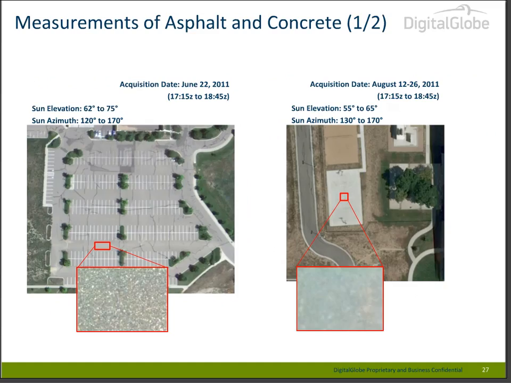And what we did was to go outside and measure directional reflectance. So basically we measure surface reflectance in a multi-directional way of concrete and asphalt. This material, asphalt, is a sort of rough surface, whereas the concrete is a smooth surface, because it's a basketball court.